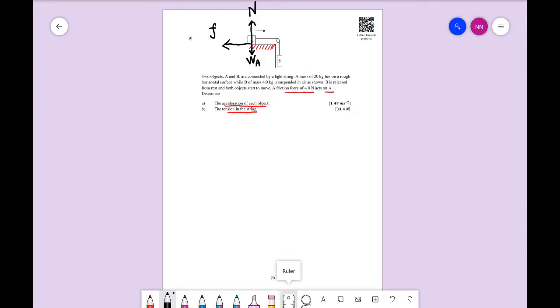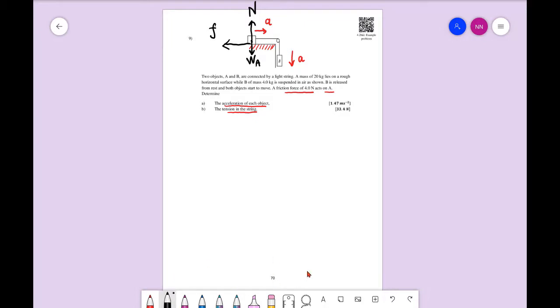As you can see, there is an arrow here. So this arrow will represent the direction of the motion. Direction of the acceleration is to the right for object A. So when object A moves to the right, object B must be moved downward. It should be synchronized, because they are in the same system.